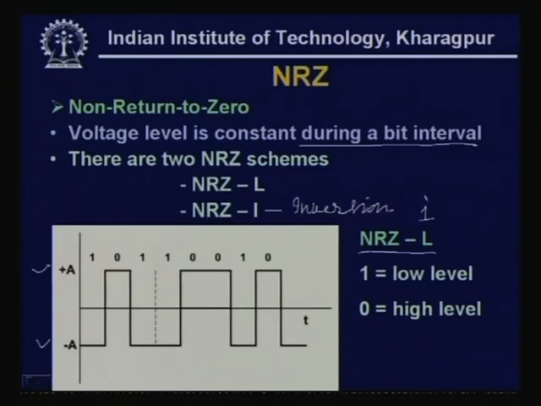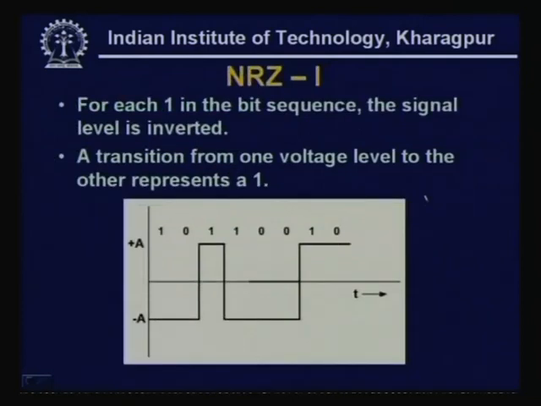That means, here what we are doing in case of NRZ-I, for each 1 in the bit sequence, the signal level is inverted. Here, as you can see, this is a 1, for which it was minus A. Whenever the next 1 is encountered, you can see here it is making a transition from minus A to plus A. Another one is here.